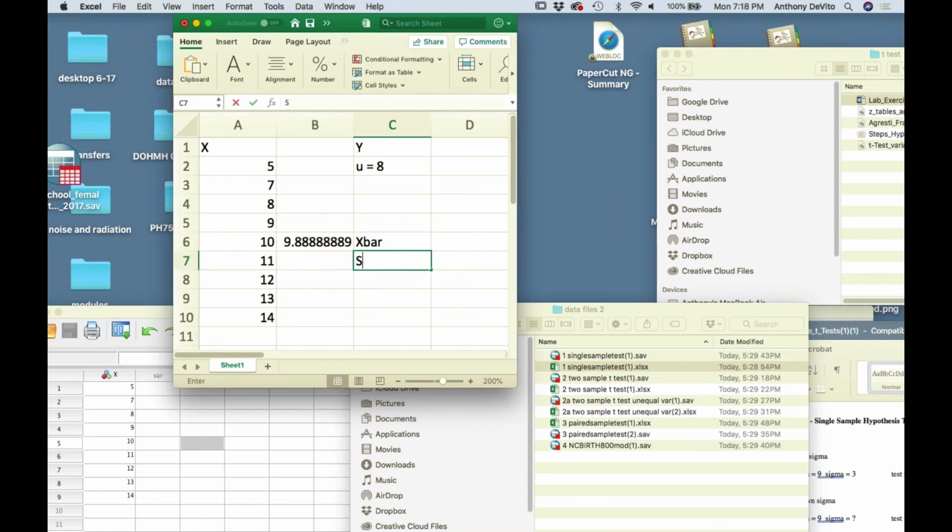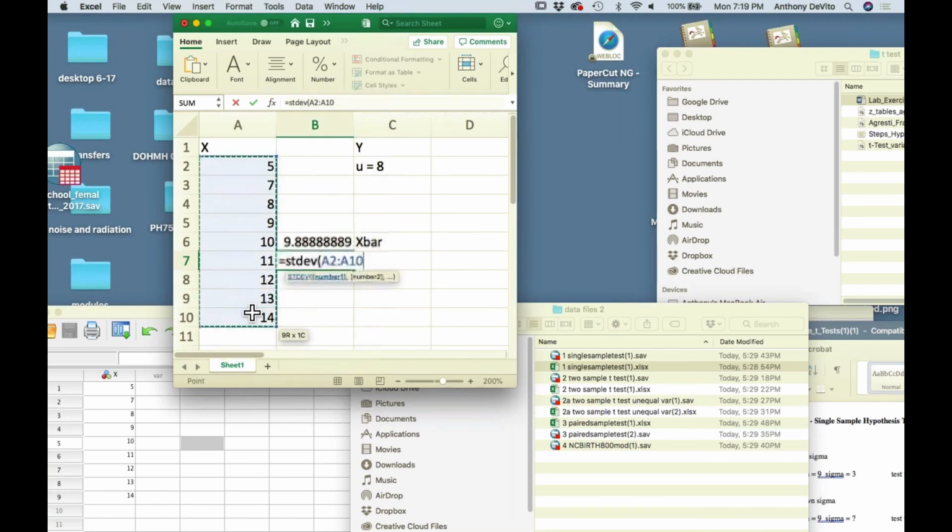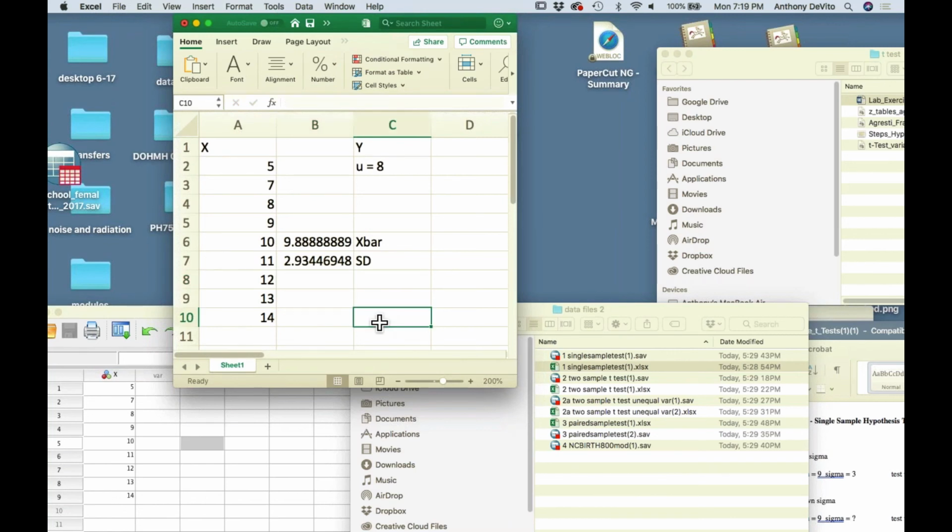The standard deviation for this sample is almost a little under 3. Now I want to determine what my null hypothesis is here. My null hypothesis is that the mean for population X is equal to the mean for population Y. My alternative hypothesis is that the mean for population X does not equal the mean for population Y. Null and alternative hypothesis.